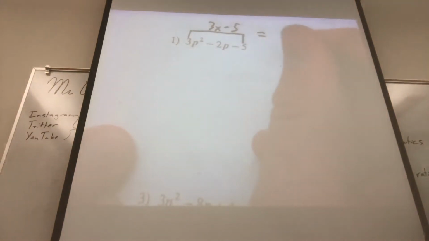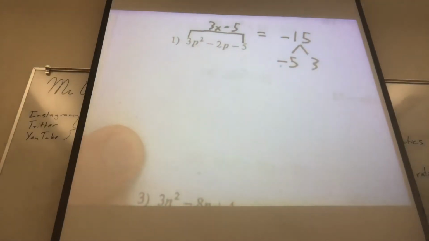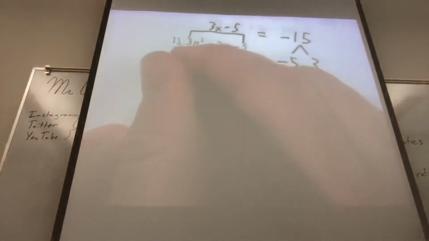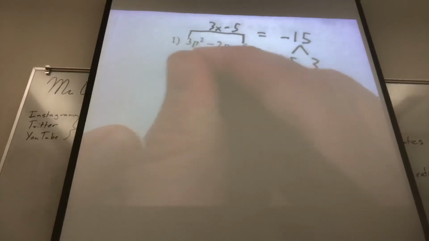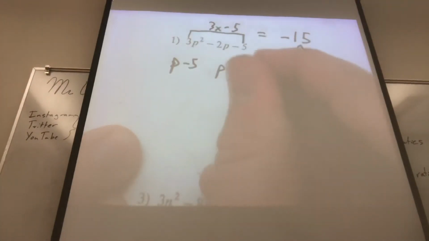The factors that are going to work for that are a negative 5 and a positive 3. A negative 5 and a positive 3 will multiply together to make negative 15 and then add together to make a negative 2. So I write these like they are normal factors. It's P minus 5 and P plus 3.